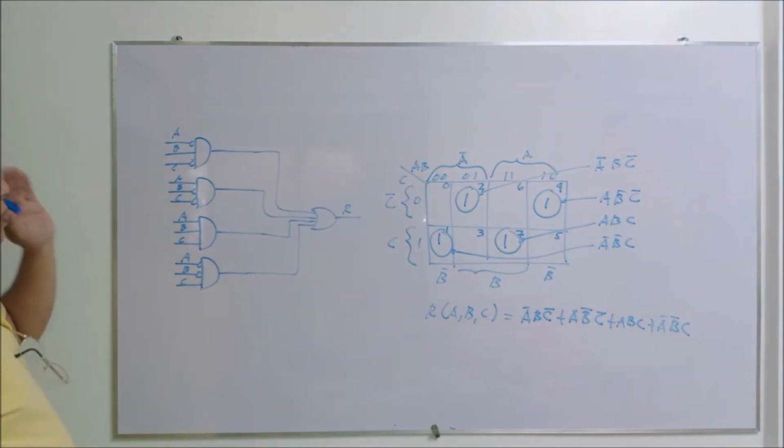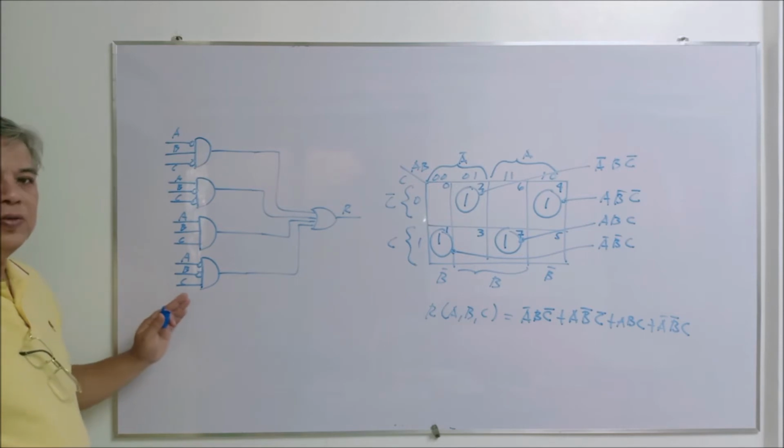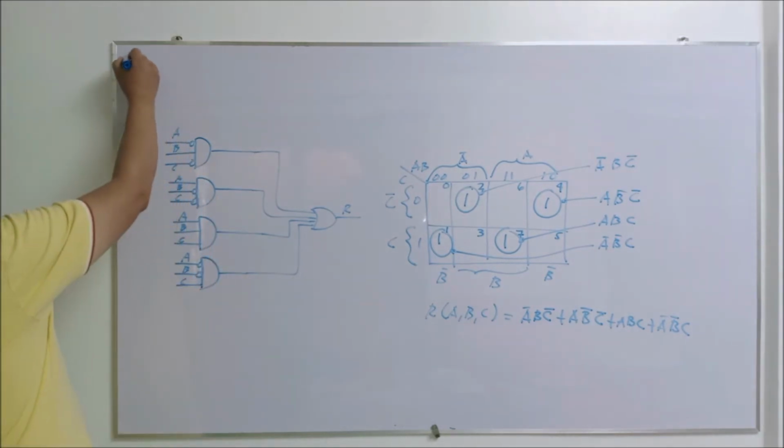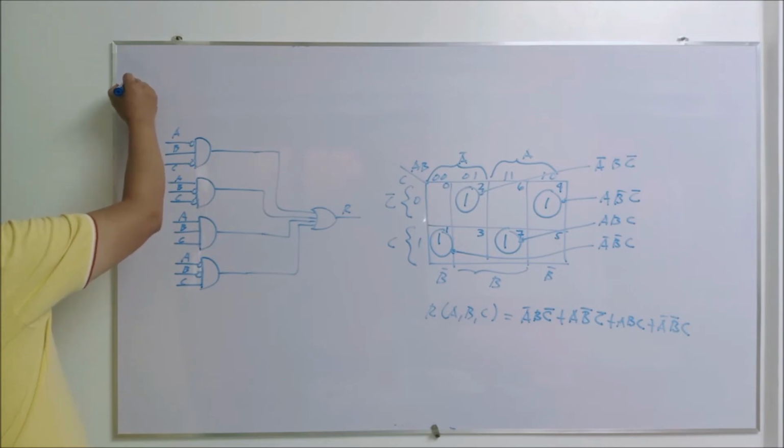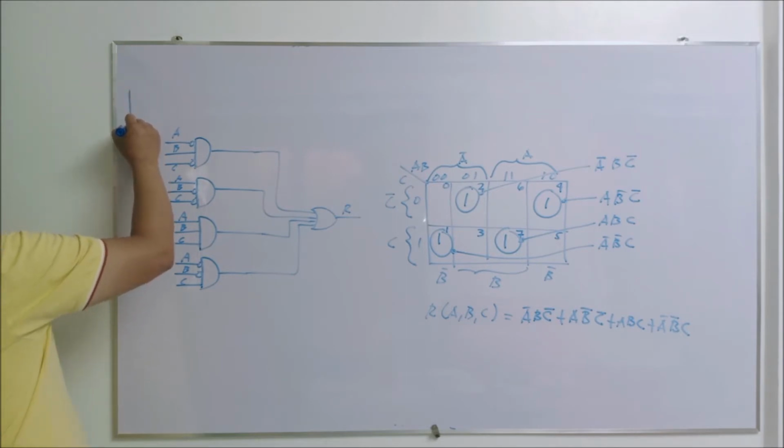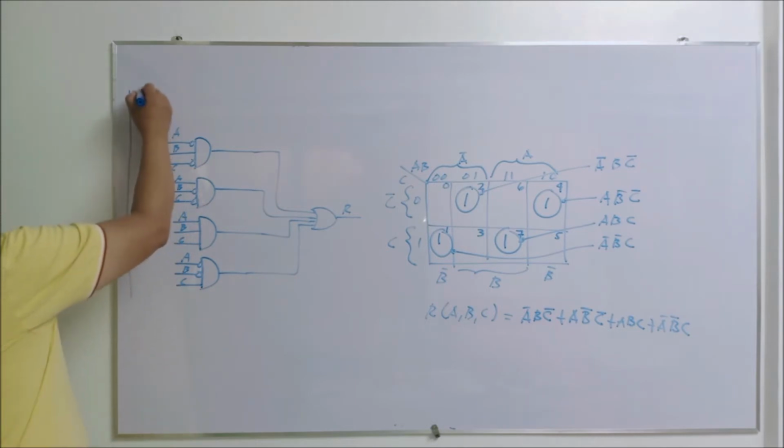So if we want to perform this through our experiment, this will be your circuit, no? So you have 3 lines.